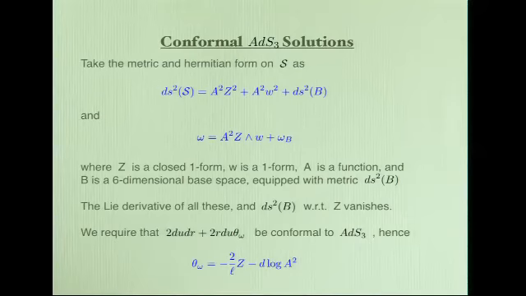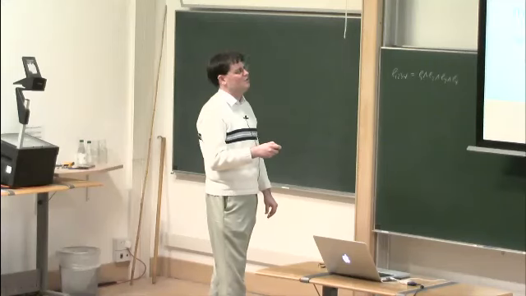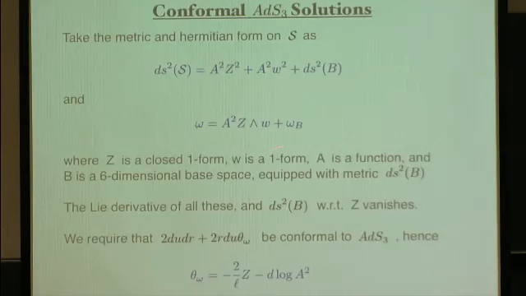First of all, I want to decompose the 8-dimensional manifold S into a 1 plus 1 plus 6 way of doing things. So I'm going to choose Z to be a closed 1-form. I'm going to choose omega to be some other 1-form. I'm going to have a conformal factor A squared in front of them, and I'm going to have ds squared B, which is a metric on a 6-dimensional base space.